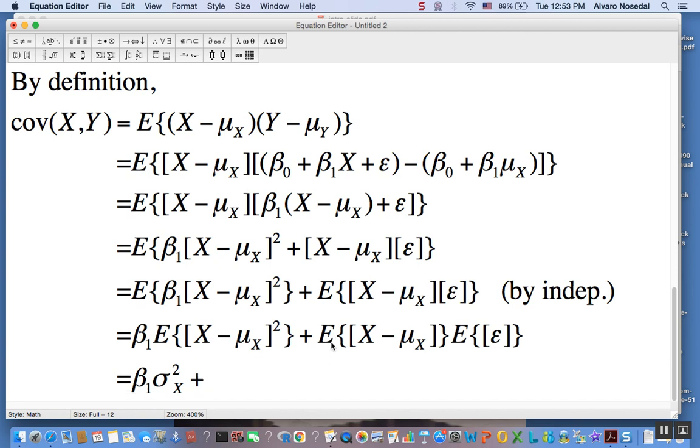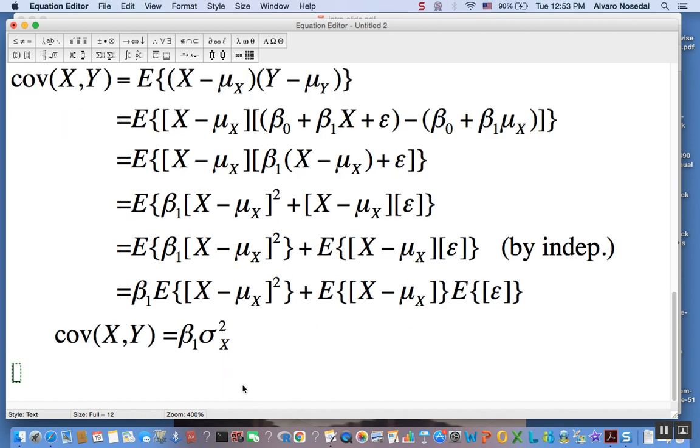Now, the expected value of epsilon is 0, so that product is just 0. So we have nothing. Make sense? Finally, what we have shown is that the covariance between x and y, in this particular case, given our assumptions in our model, is beta 1 times sigma sub x squared.